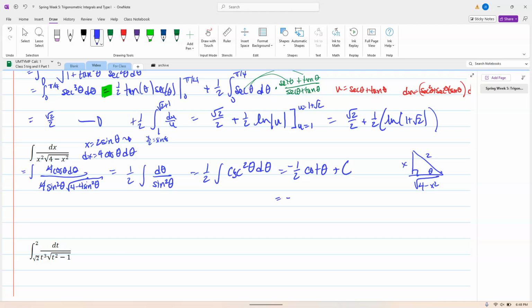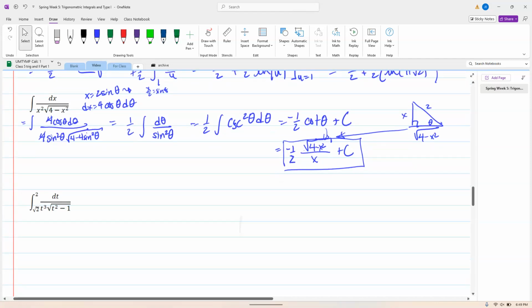So this is equal to negative 1/2 times the square root of 4 minus x squared all over x, plus c. Okay, so this last step, that's where I have to use my triangle to be able to rewrite it all back in terms of x.